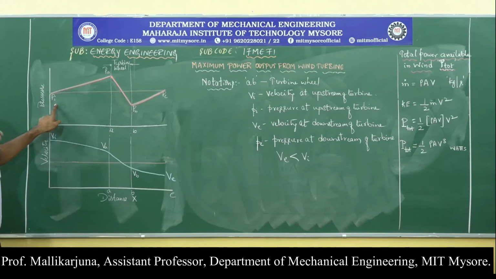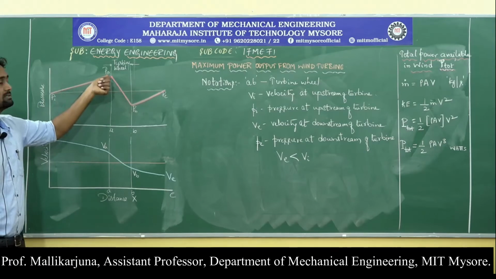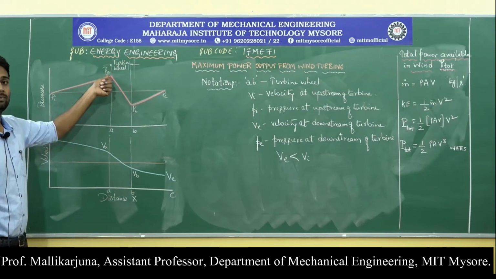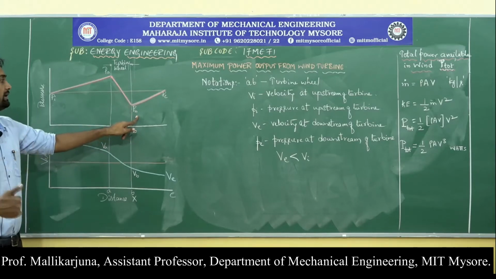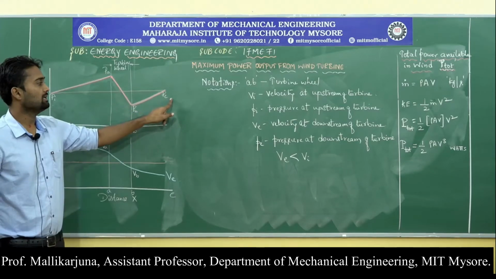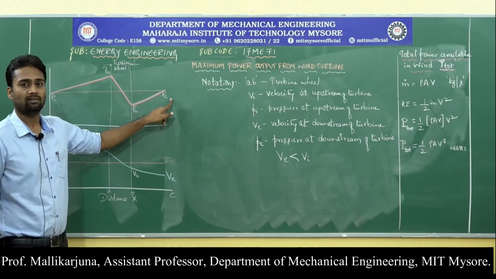Pi stands for pressure at the inlet, pressure at the upstream of the windmill. Then Pa is the pressure at the windmill, and Pb is the pressure at the other end of the windmill, and Pe is the pressure of the wind at the exit.